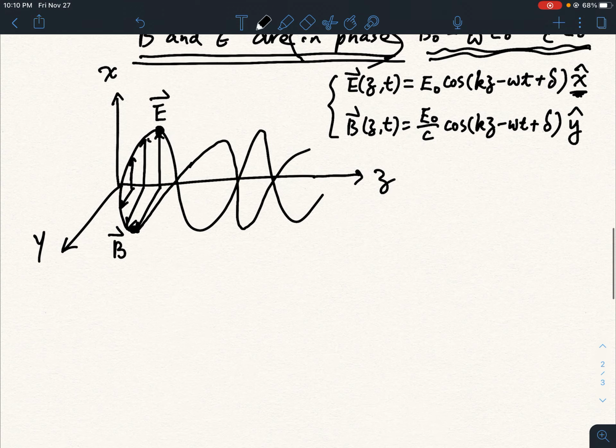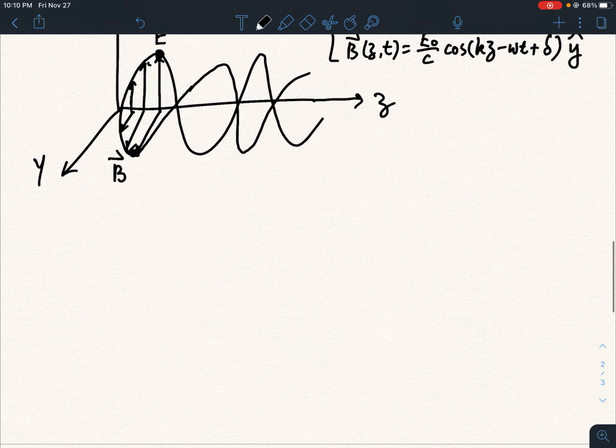Okay. And of course, here we only talk about a wave that is pointing along the z direction. In reality, it doesn't need to always propagate along the z direction. We can define a general propagation vector.